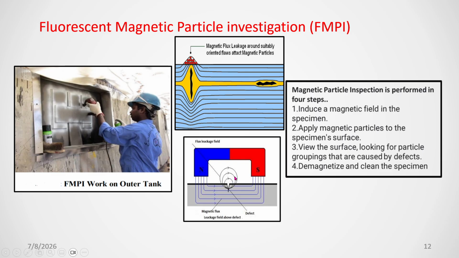If particle grouping is there, because there is no continuity, the grouping will be at the north pole and south pole; otherwise it will be uniformly spread. Once you see the magnetic particles have come very near to this, you can be sure that there is a leakage. After completing the work, you have to do the same again and then demagnetize the area.